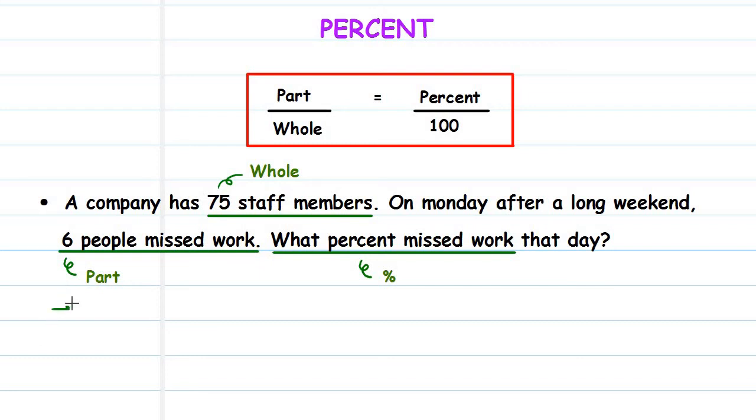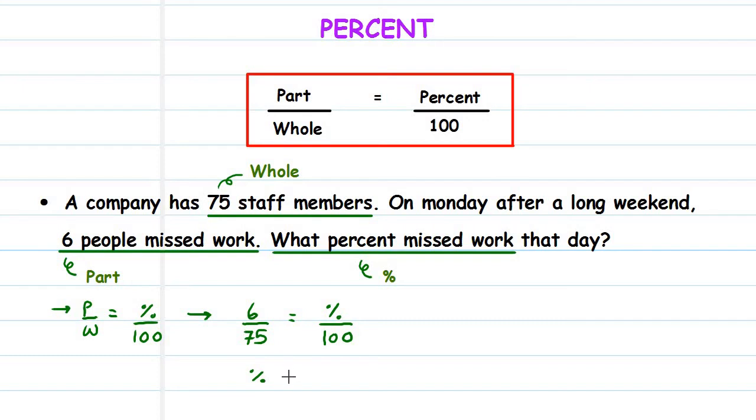From the formula, part over whole equal to percent over 100. And part is 6, whole is 75, equal to percent, which is what they're looking for, over 100.